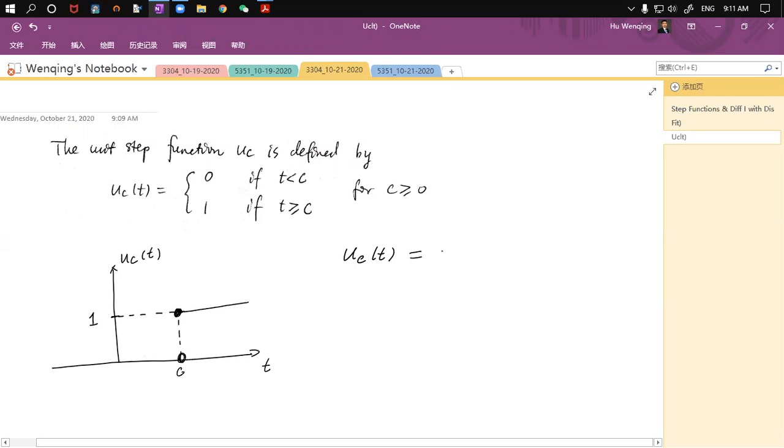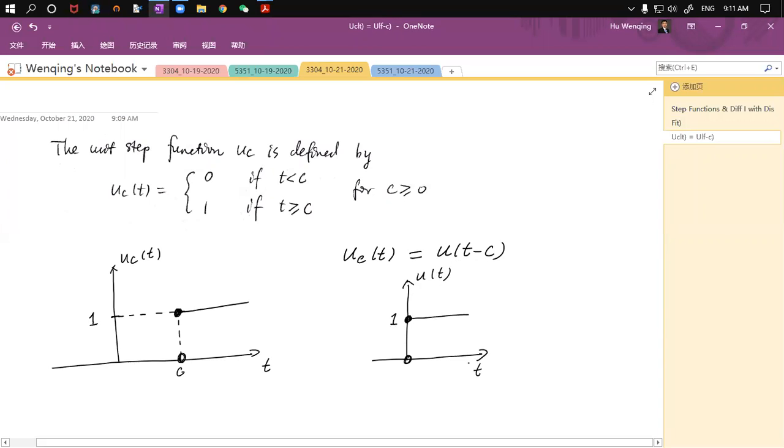Sometimes we also like to write this function as u(t minus c). If you write it as u(t minus c), what is your function u(t)? The function u(t) is just 0 before time 0, and it becomes 1 after time 0.